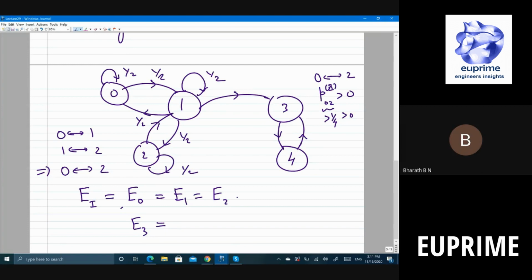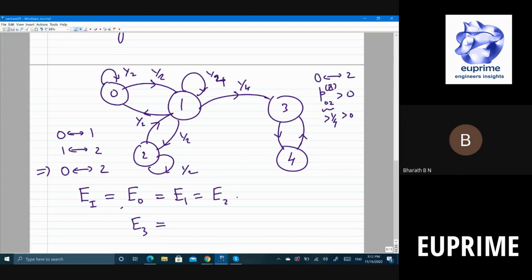So now let's look at E3. 1 can communicate with 3, right? Let me make it 1 by 4. So starting at 1, you can go to 2, or go to 0, or go to 3.